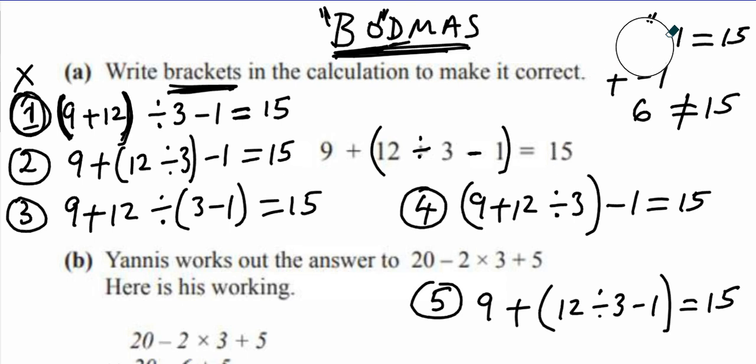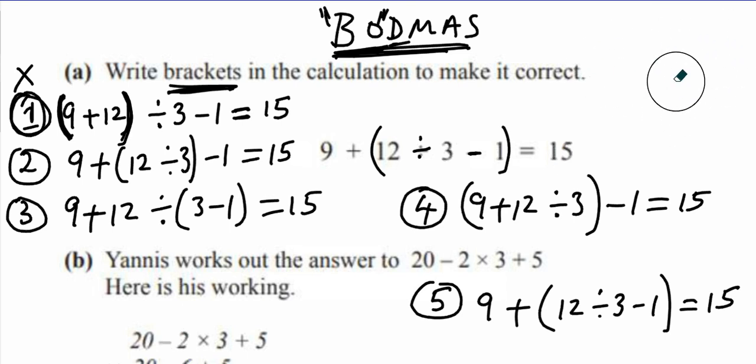Then let us go to the second possibility. Without using a calculator, start with brackets. 12 divided by 3 is 4. So we are going to have 9 plus 4, then minus 1.